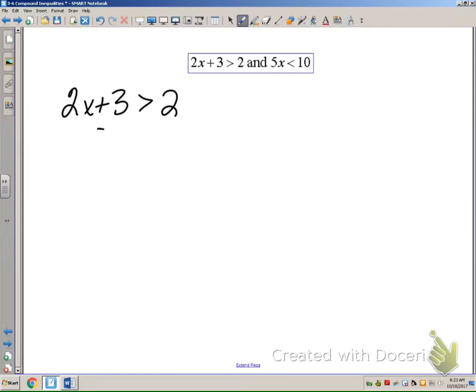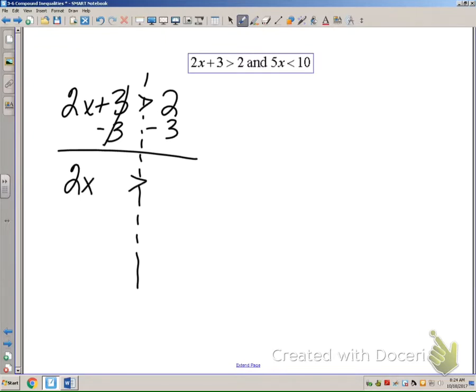I'm going to subtract 3 from both sides of my inequality. I want to get rid of the positive 3, so I subtract 3. Whatever I do to one side, I have to do to the other. So 2 take away 3 is negative 1. At this point, I'm going to divide both sides by 2. So x is greater than negative 1/2.